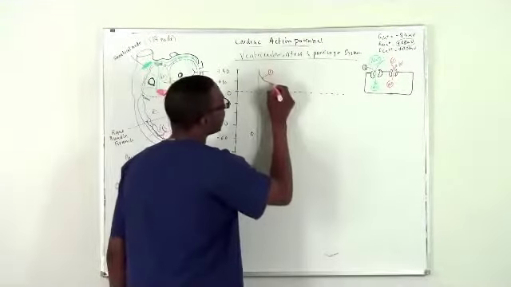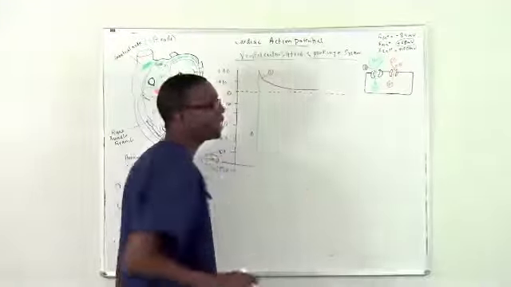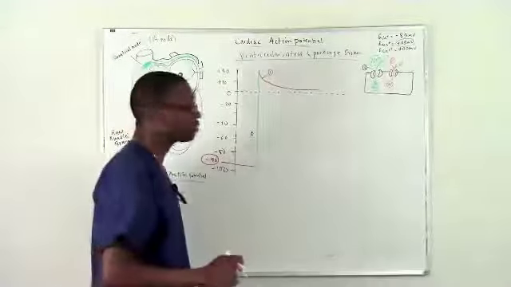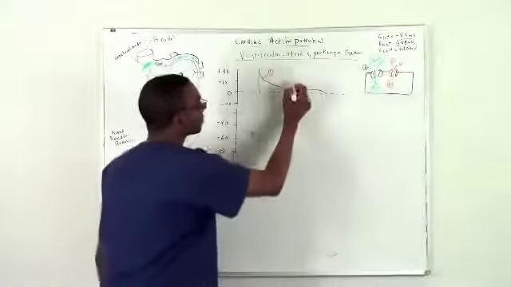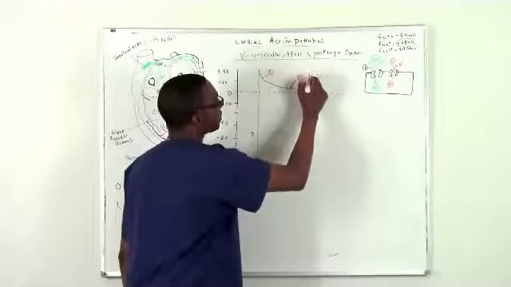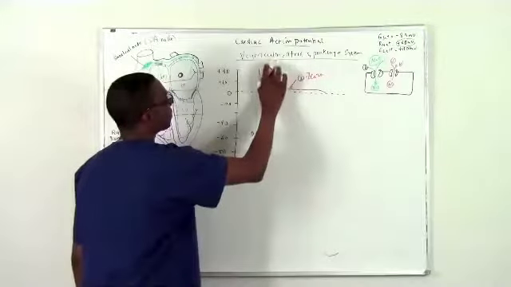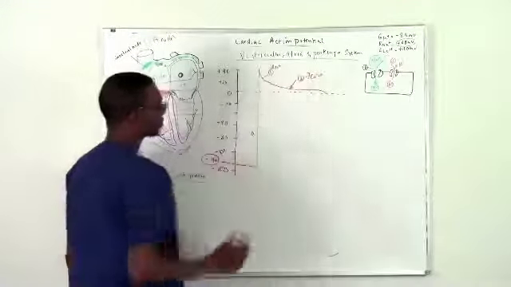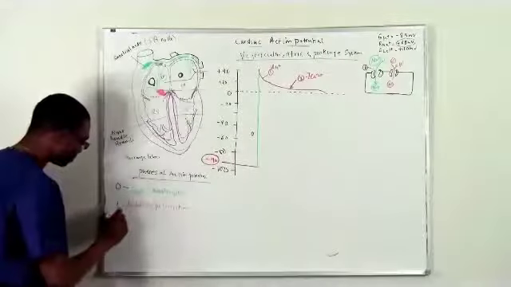Now calcium is going to flow into the ventricles. When calcium flows into the ventricles, you're going to get this plateau graph. That is known as phase 2. Calcium influx, influx of calcium. This is efflux of potassium. That is known as the plateau phase.